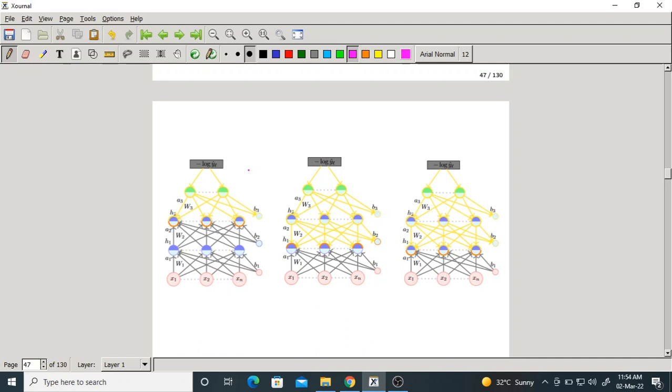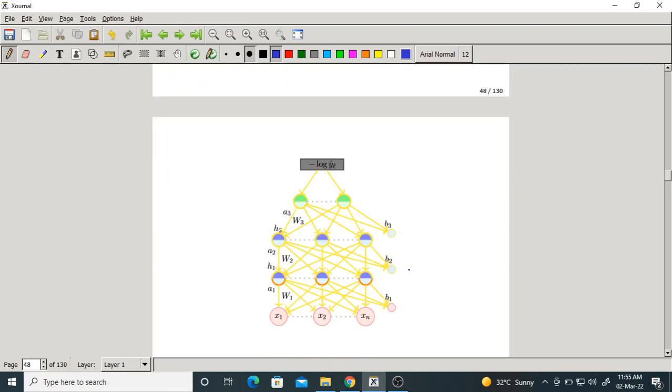First, we go up to the output layer. Next, in the next iteration, we go for the last hidden layer and check all the weights. Next, we go to the first hidden layer. Finally, we go to the input layer. This is how back propagation works.